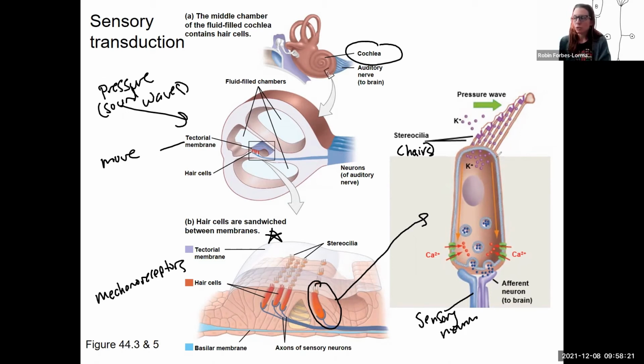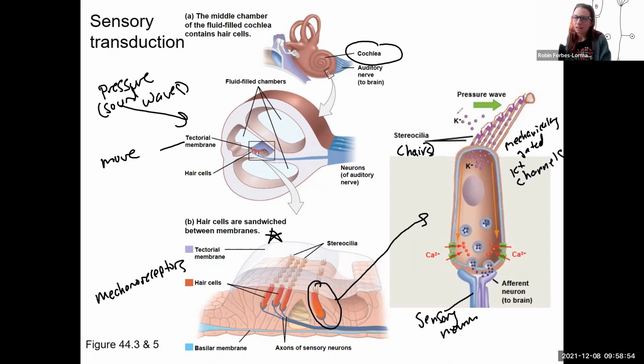This is going to open mechanically gated potassium channels. Calcium is going to flow into the cell in this case. So these cells are slightly more negative. So potassium is going to flow into the cells.